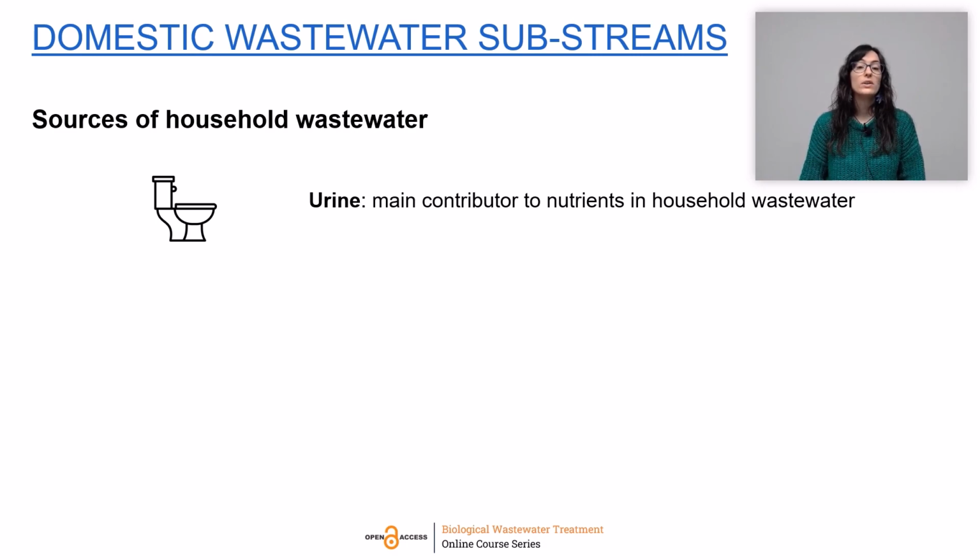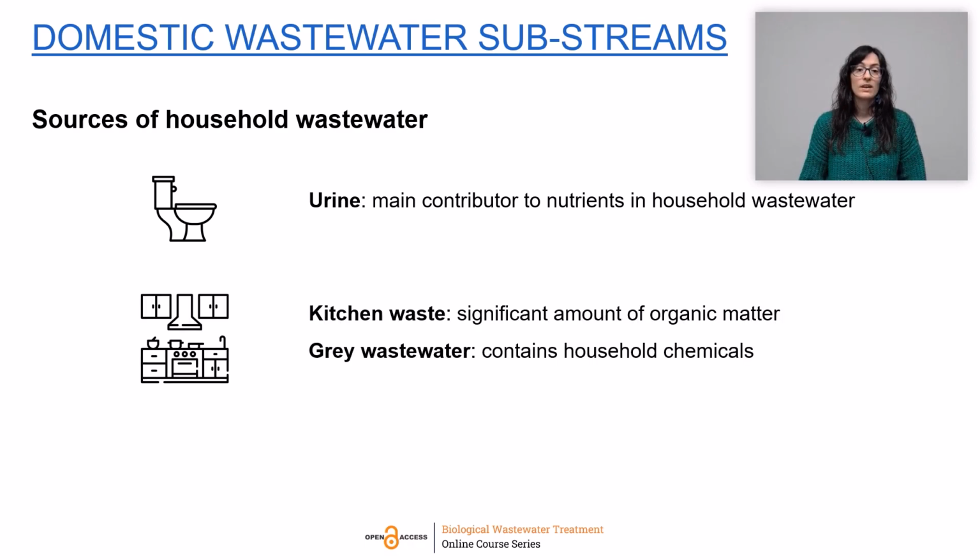The first one is the water coming from the toilets. From this stream, urine is the main contributor to the nutrient loads in household wastewater, and more specifically nitrogen. For instance, up to 80% of the nitrogen that is present in domestic wastewater comes from urine.